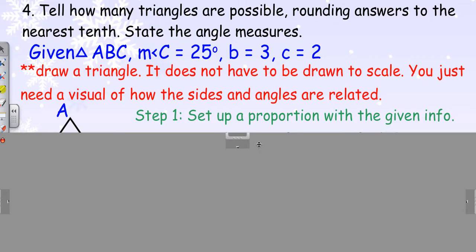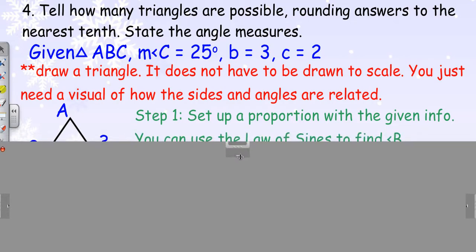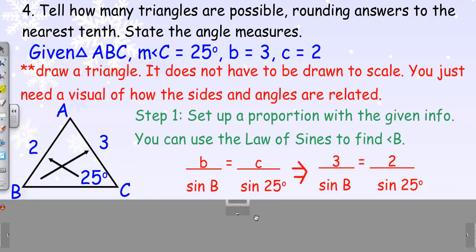It says, tell how many triangles are possible, rounding answers to the nearest tenth, and state the angle measures. So again, draw a triangle. It doesn't have to be to scale, but it always helps to have a visual. I'm given in my triangle ABC, the angle C is 25 degrees, side C is 2 units, side B is 3 units.